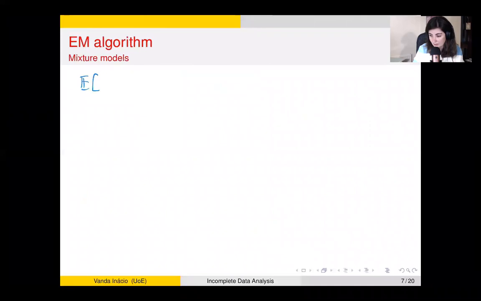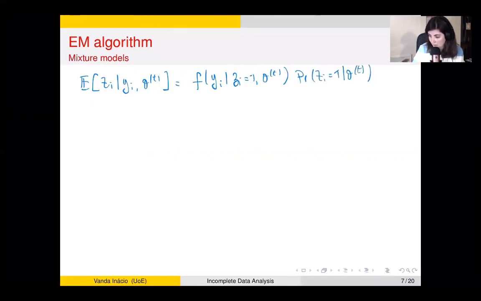I know that I have the first one, the density evaluated at yi given that zi is equal to 1, because zi is equal to 1 when yi comes from the first component, right?